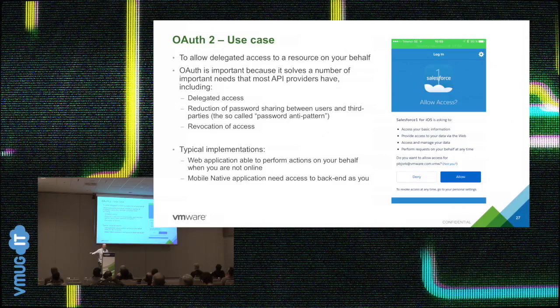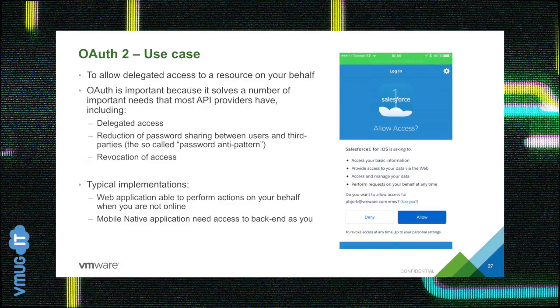The use case, as I mentioned, is to delegate access to a third party on your behalf. What is the benefit of using a protocol instead of simply providing your username and password for Dropbox, for example? Well, if you establish this trust to your native application and your backend, Dropbox in this case, the security is handled by the OAuth token.